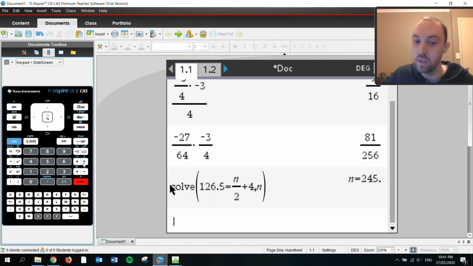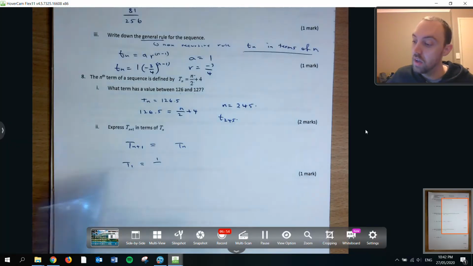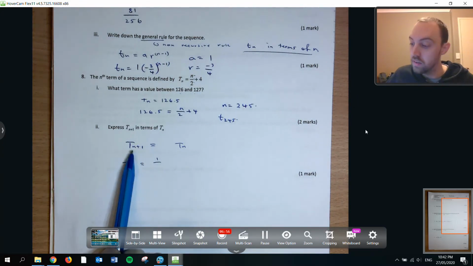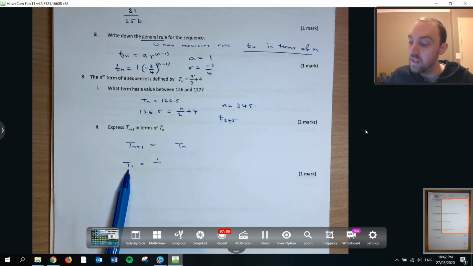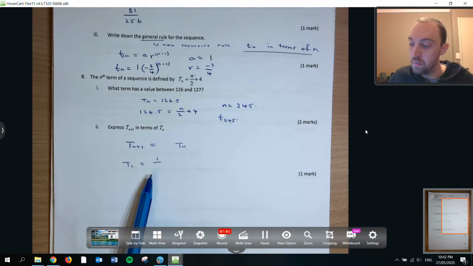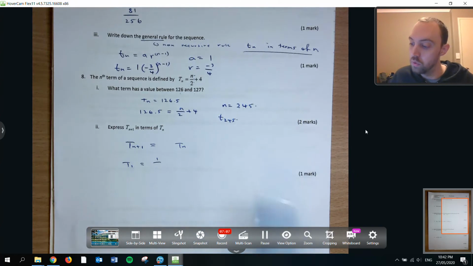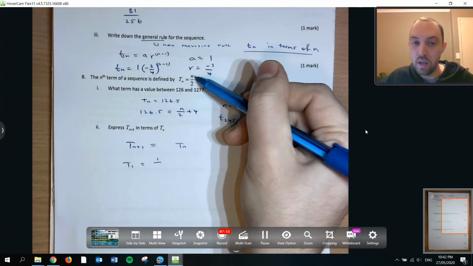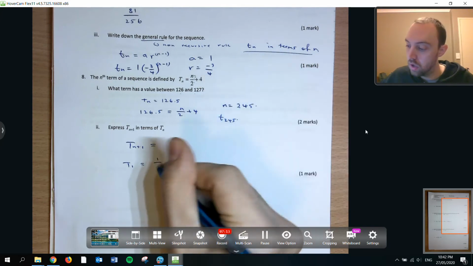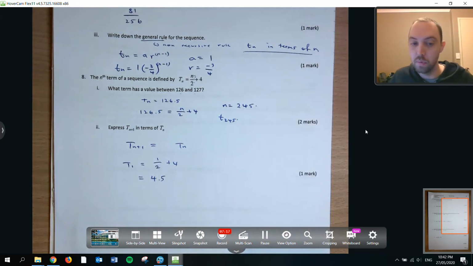Okay, T1 is going to be my first term, which is an important part of my recursive formula. It's one of two parts. And it's going to be, when n becomes 1, half plus 4, so I get 4.5.